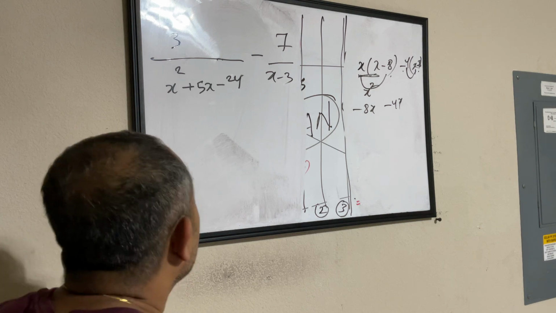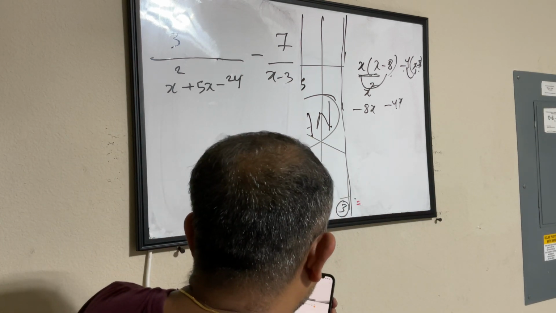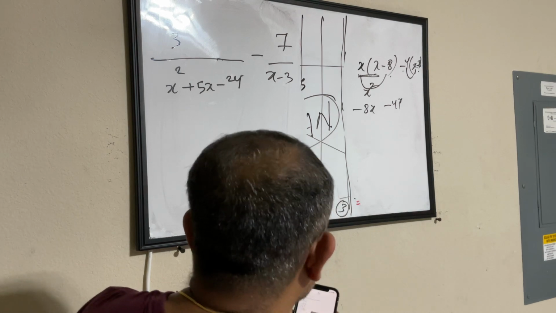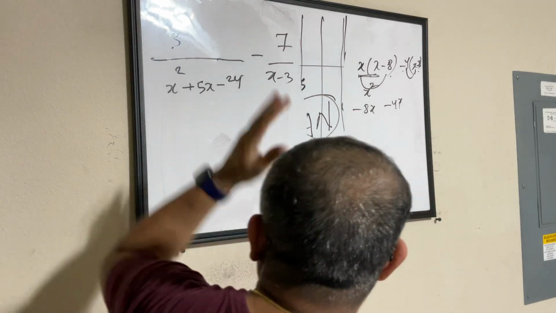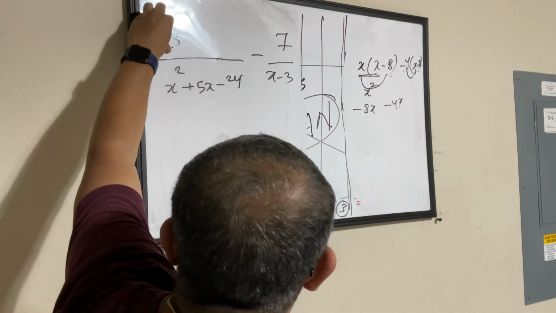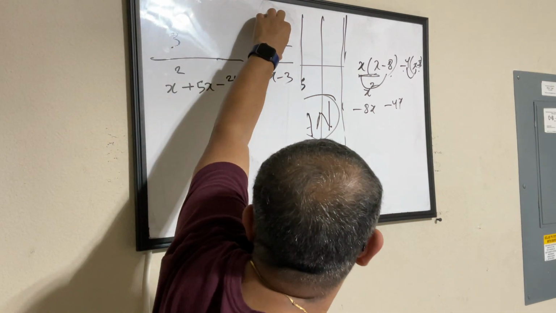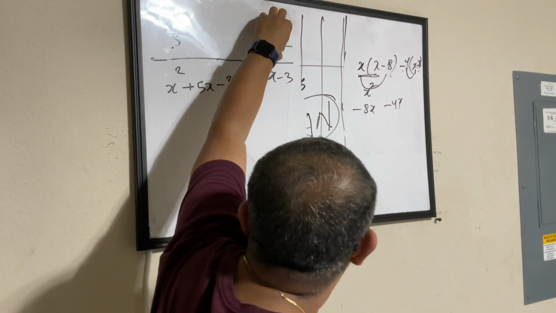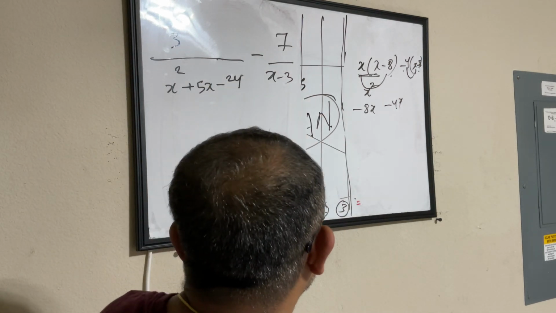This is one of the questions that I have, and it says which expression is equivalent to the above difference. Meaning this is one rational expression where you have an expression as the denominator, and this is a scalar number. Similarly, you have another rational expression where you have a scalar number here and a polynomial as the denominator.